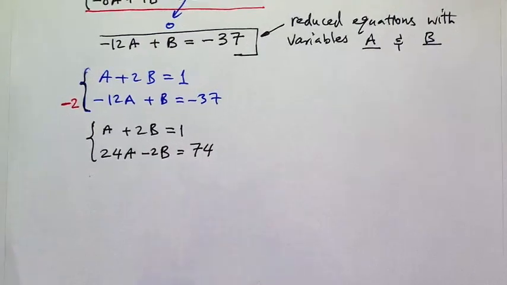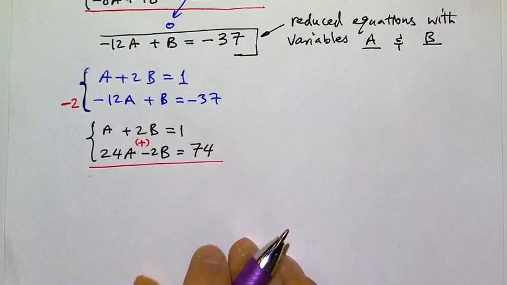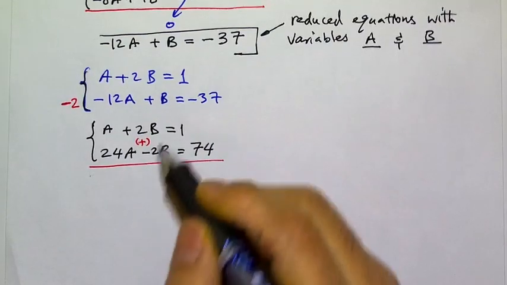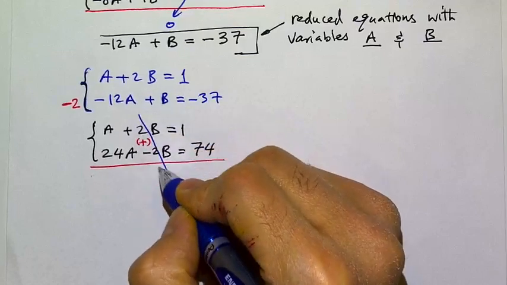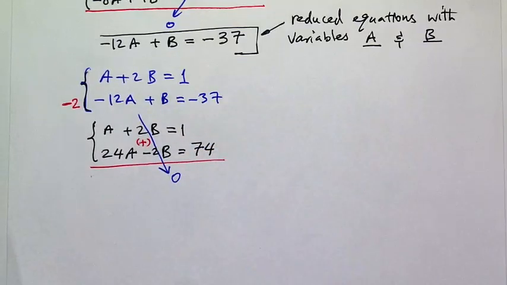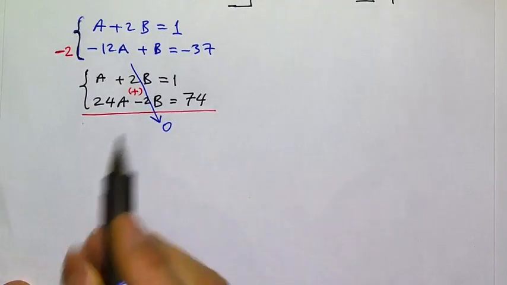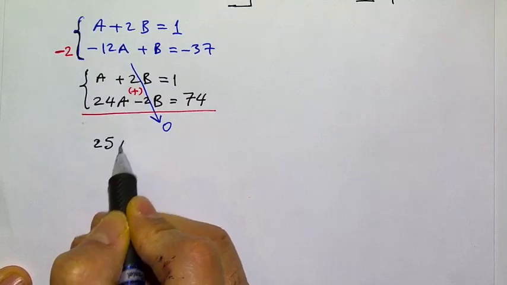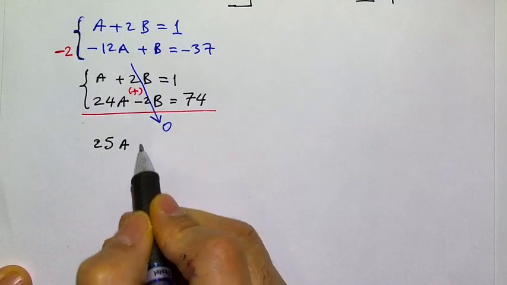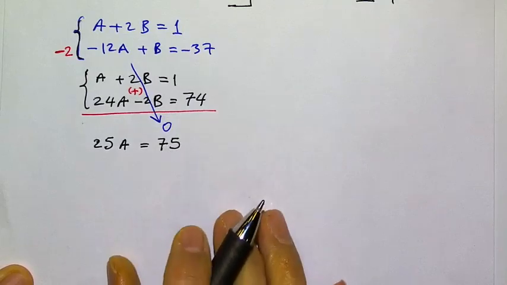Okay, let's add these two equations. What do we get? The 2b plus minus 2b add up to 0. We end up with a plus 24a, 25a, right, equals 1 plus 74, we get 75.